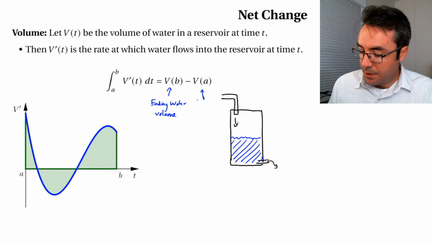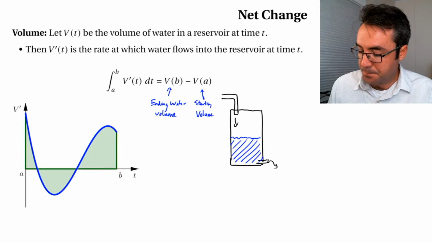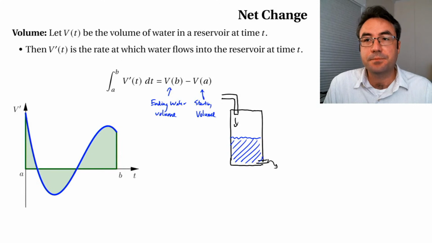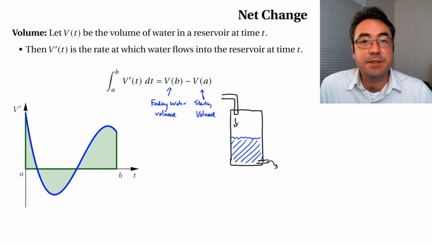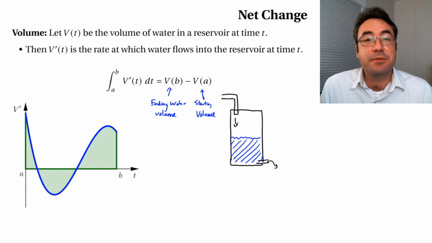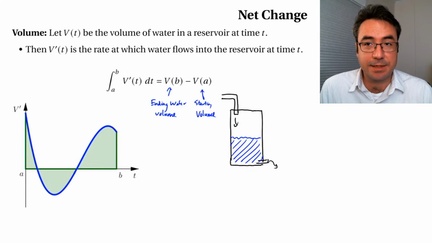And V of A would represent our starting volume. And so V of B minus V of A would be the net effect. So how much water came in during that time interval, or how much water essentially flowed out during that time interval.